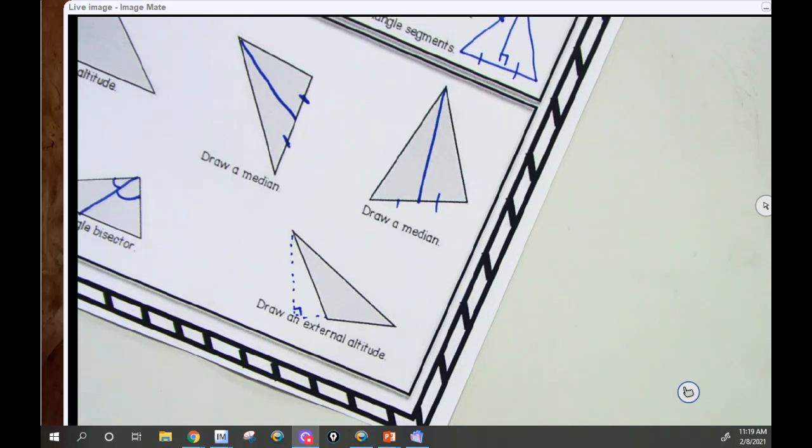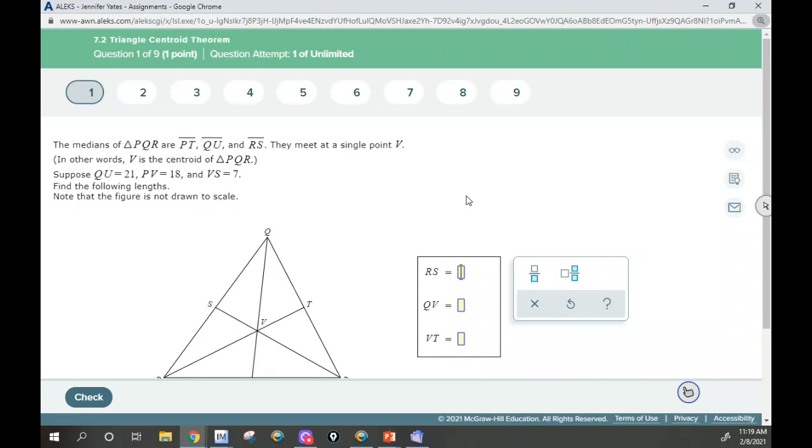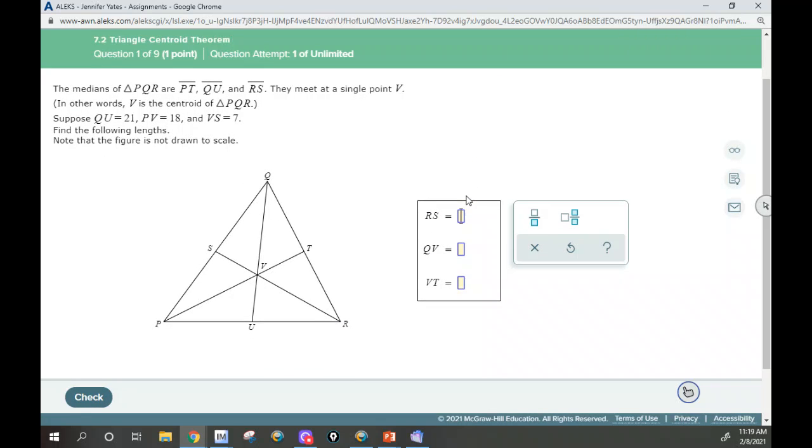Let me pull up our centroid homework really quick. And I think once I do one with you, you'll be good. Okay, this is another one that, if you want my help on the problems, you either need to recreate it or let me draw on your screen. It's your choice.